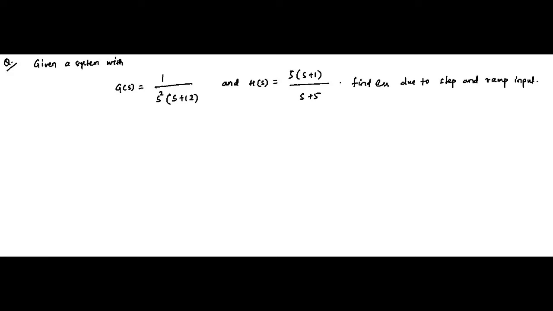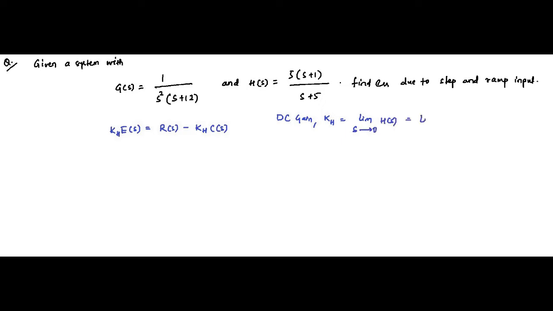In case of non-unity feedback systems, we know that the error equation is given like this: E(s) is equal to R(s) minus Kh C(s). Here this Kh term, which is called the DC gain of the feedback system, is given as limit s tends to 0 H(s).